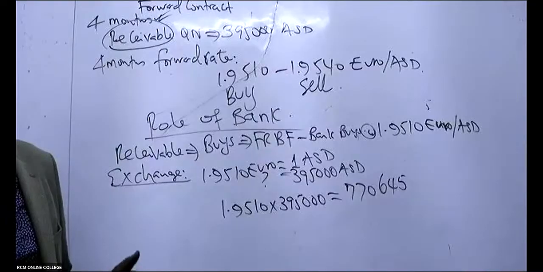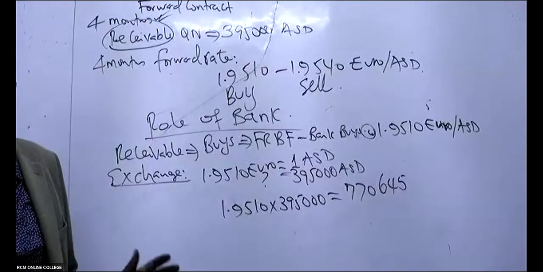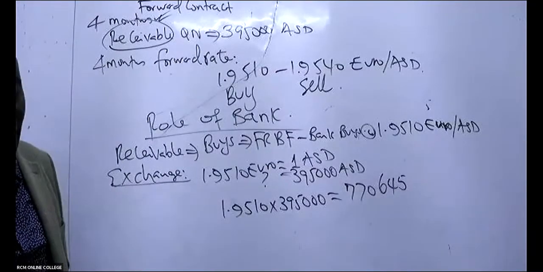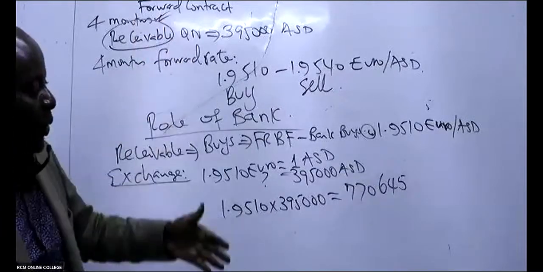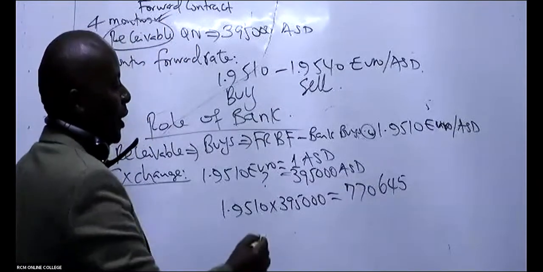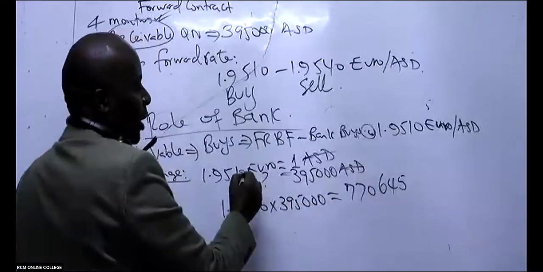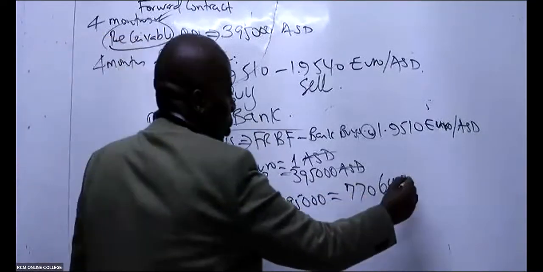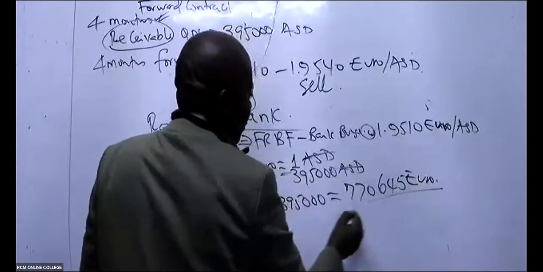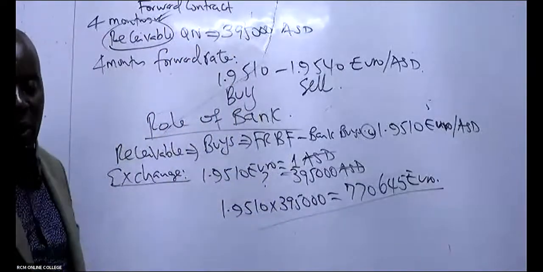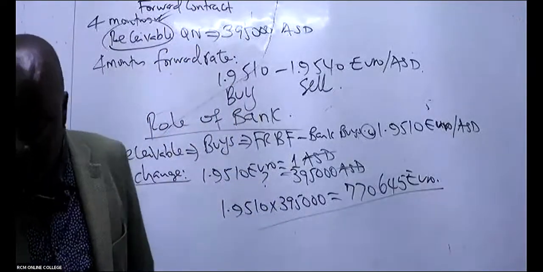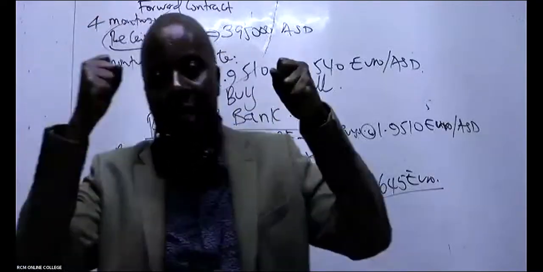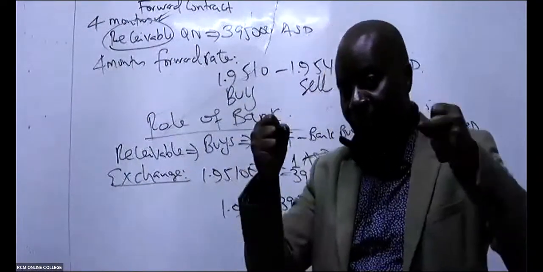And of course, if you don't write the currency, we take away 1 mark. So remember, you are bringing this to the home currency. You can see the ASD will cancel, leaving you with this one currency called what here? The euro.